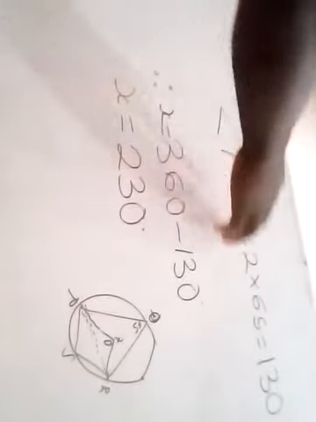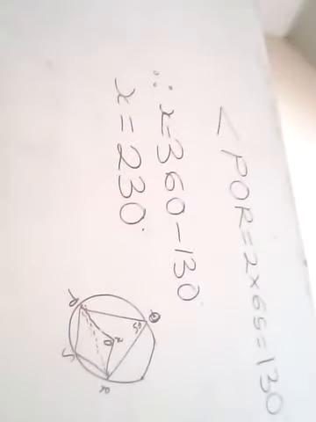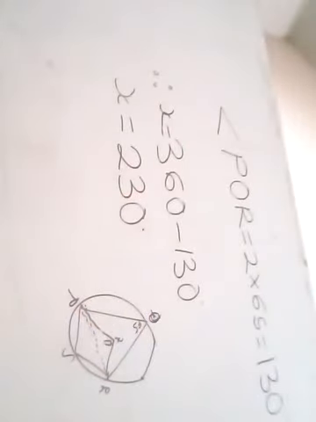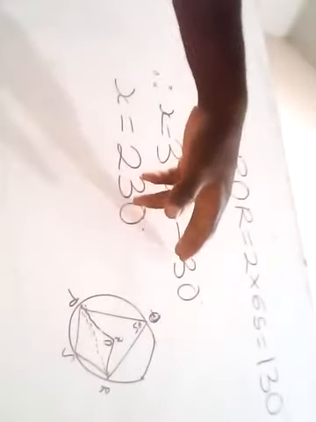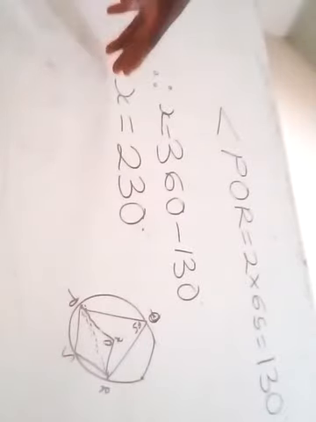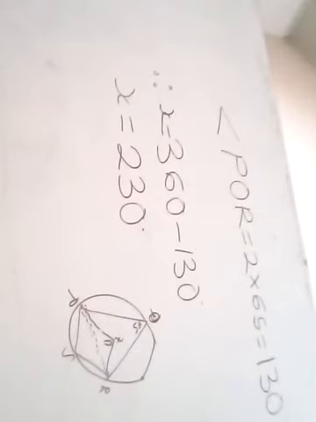So 2 times 65 is what? 130 degrees. And then you know that this is a reflex angle, and a full turn is 360 degrees. So if you've gotten this side to be 130, then subtract the 130 from 360, and your answer, your x, will be 230 degrees.